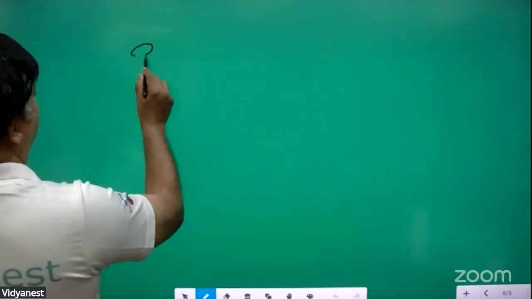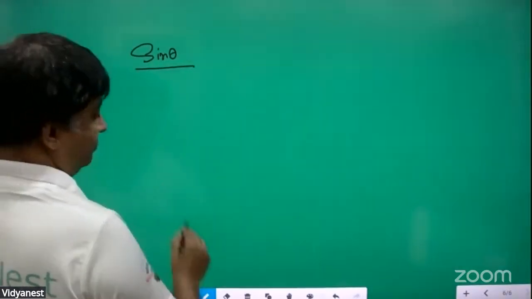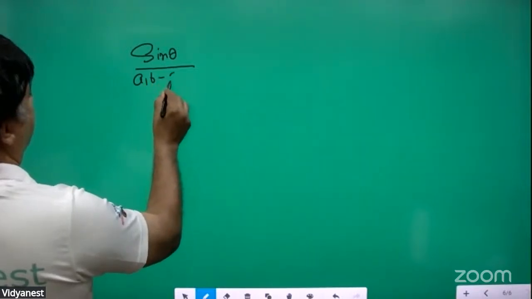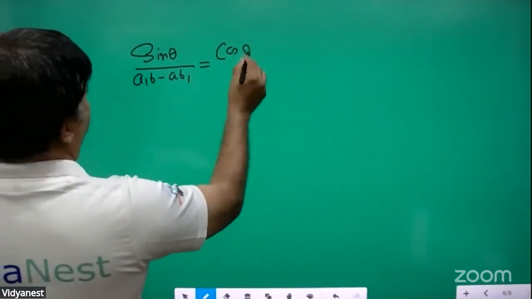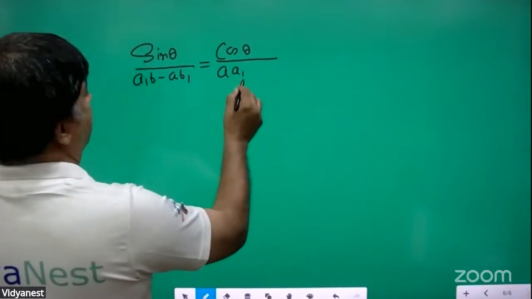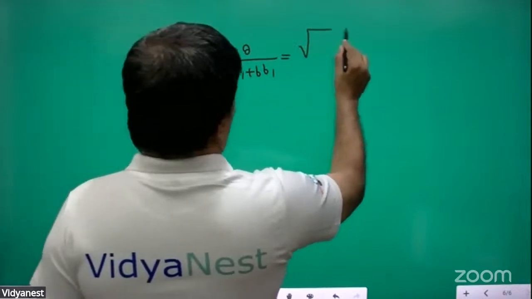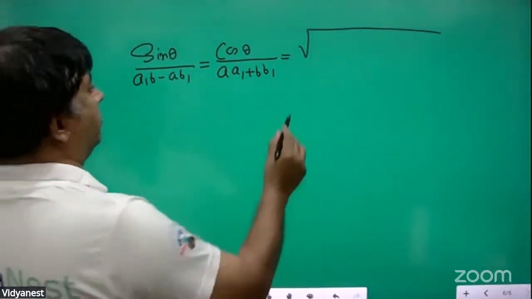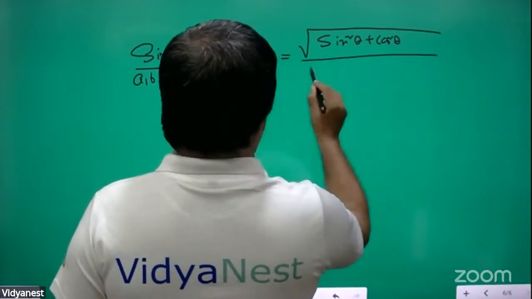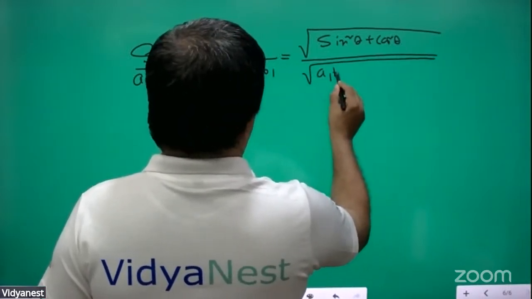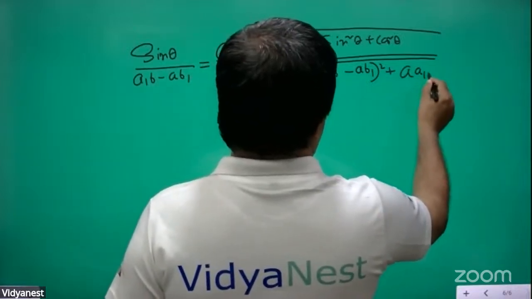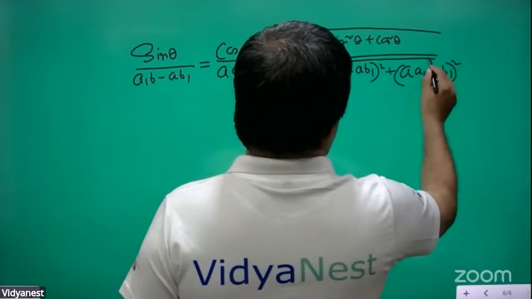Till now we have got sin theta by cos theta equal to A1B minus AB1 by AA1 plus BB1, and it is the property of ratio proportion, which in class 10 you are supposed to be taught.